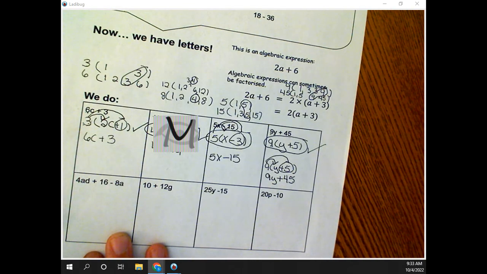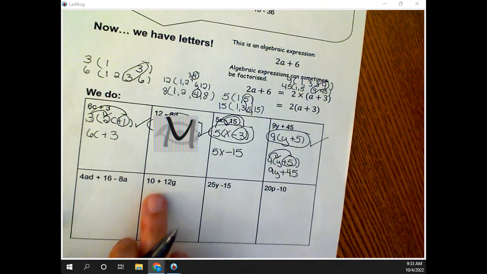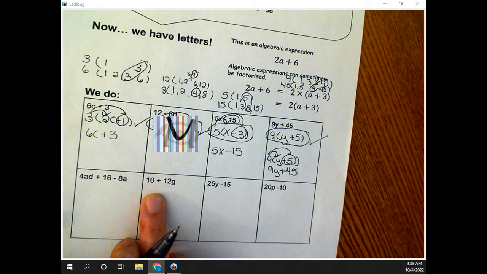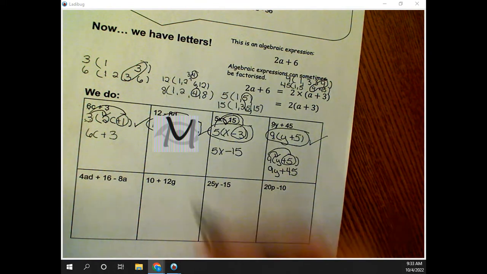Alright, so we'll come back to this one and do this one together, but on this one I want you guys to do 10 plus 12y on your own. Yep, same thing, 10 plus 12g. You guys do that one on your own, and then we'll come back and double check the work together. So this one right here.